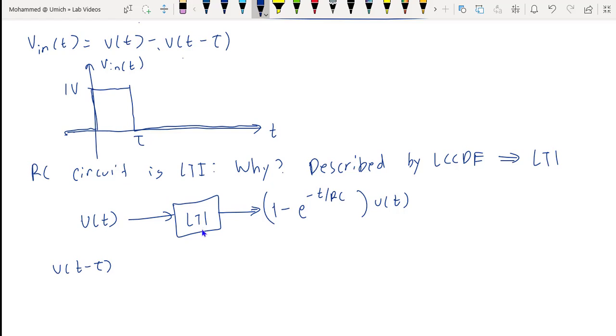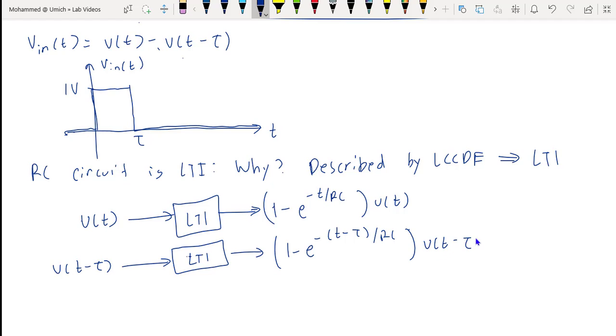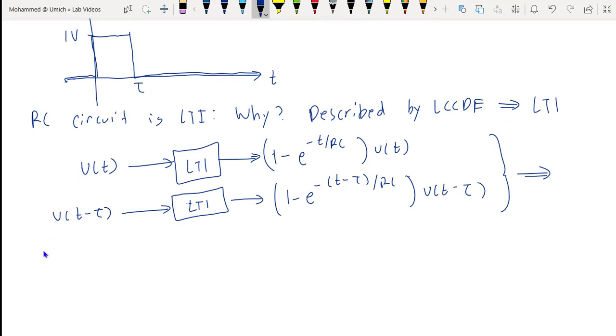And by the property of time invariance, if I shift the input by some time tau, the output will also get shifted by the same time tau. So therefore, this will go through the LTI system, and I'll get out 1 minus e to the minus (t minus tau) over RC times u of t minus tau.